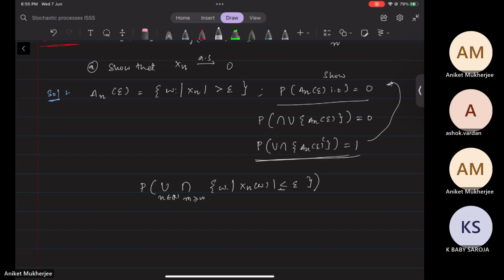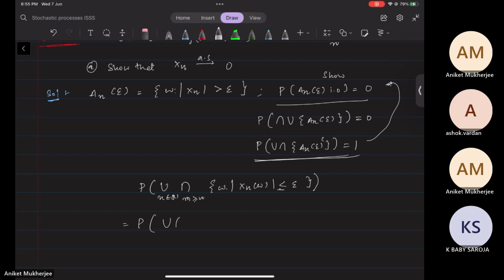So now I can write this as the probability of the union intersection of omega such that U of omega is less than or equal to m epsilon.